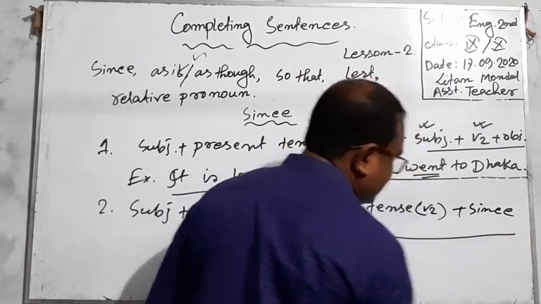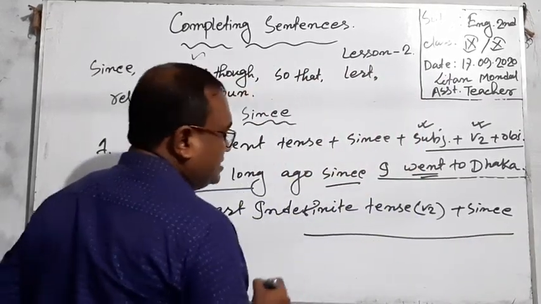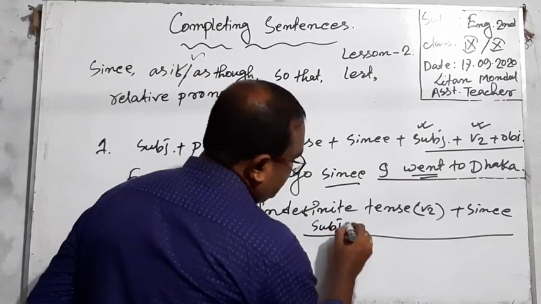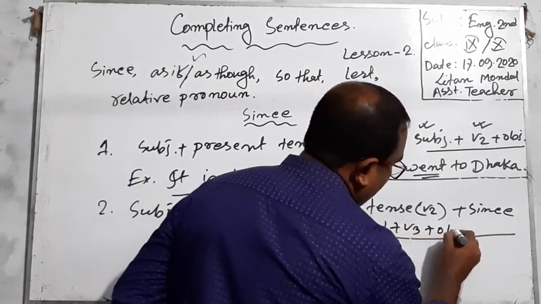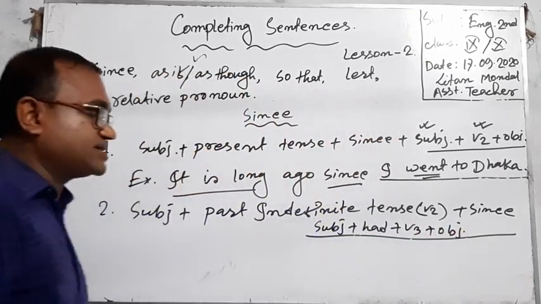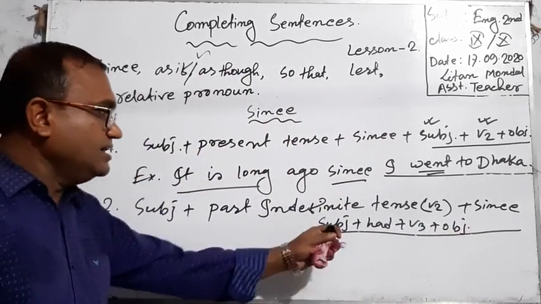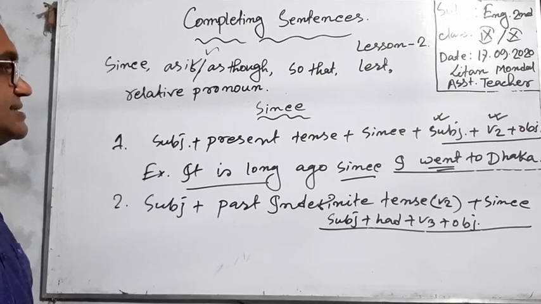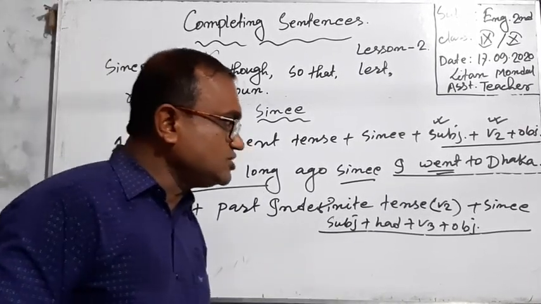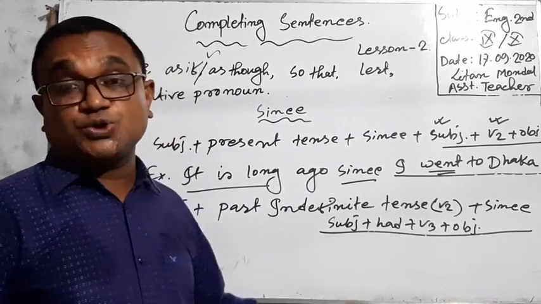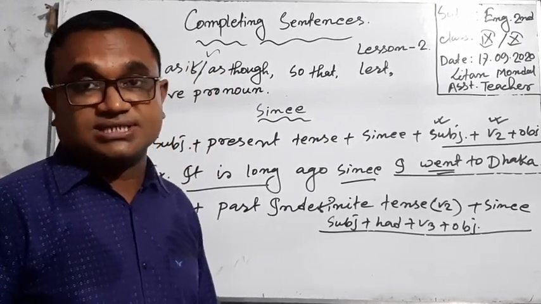Then we make the second clause: subject plus had plus V3 plus object. This is first perfect tense. In short, if the first portion of since in the second structure is first indefinite tense, the next portion will be first perfect tense.